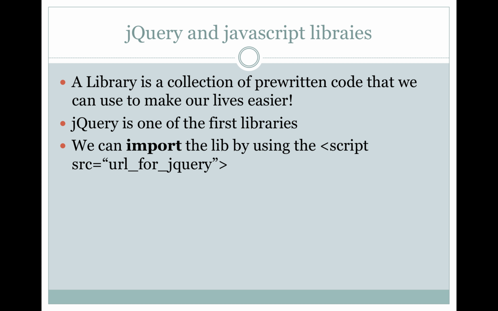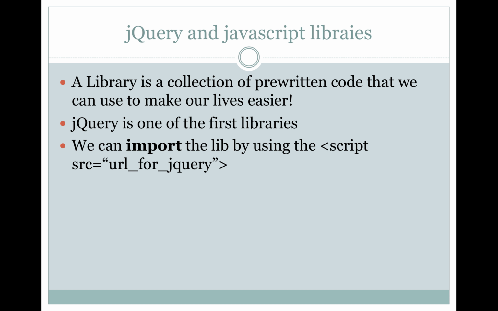jQuery is hosted in a number of different locations, but it's just another script file. We can import it using our basic HTML JavaScript import tag, the same way we would our own custom JavaScripts. So we use this script tag with a source attribute, and we give it a URL.